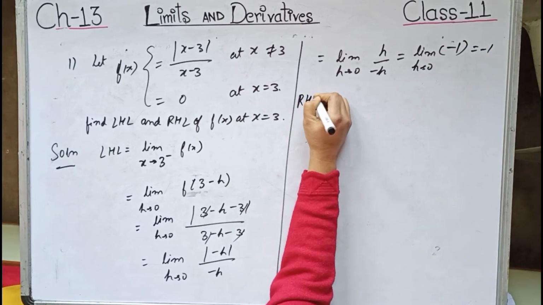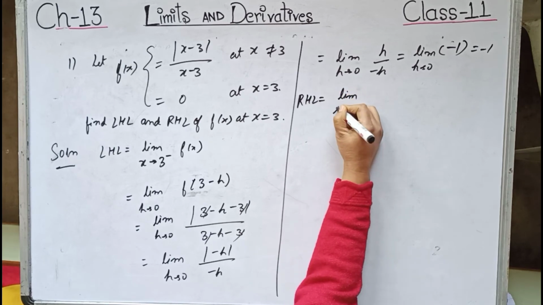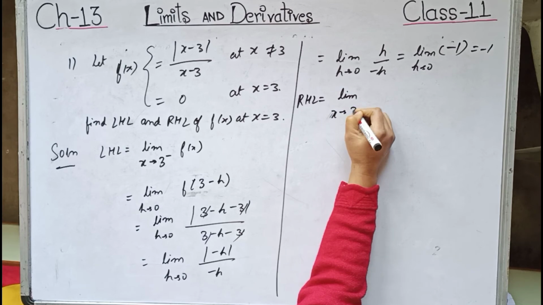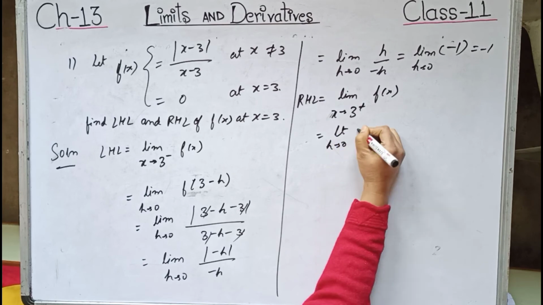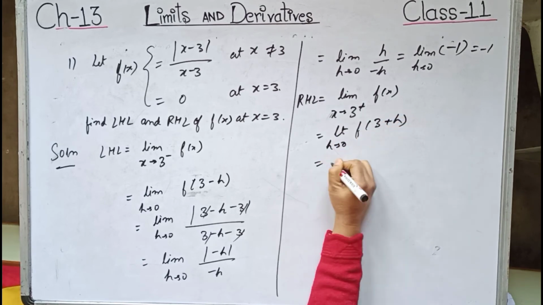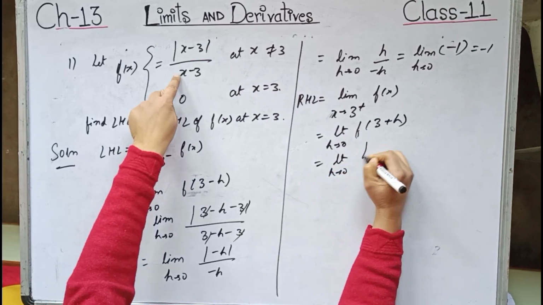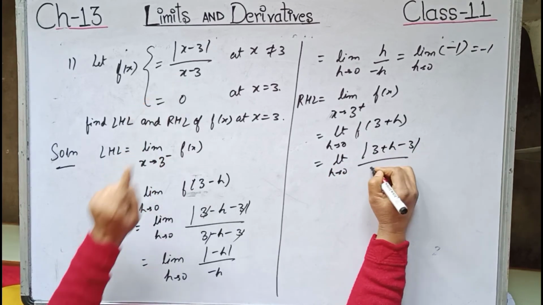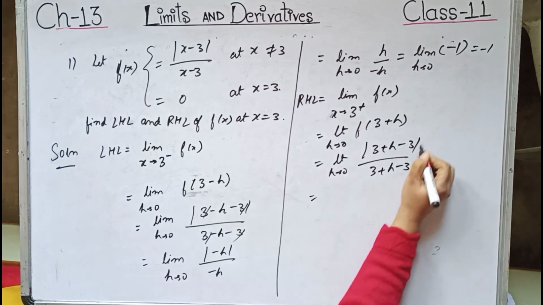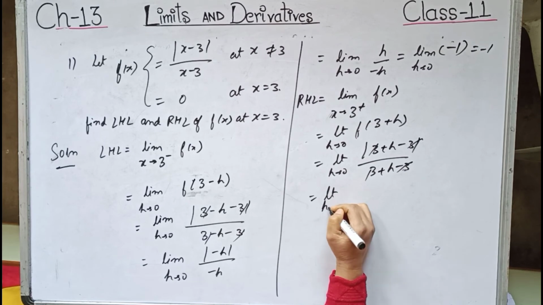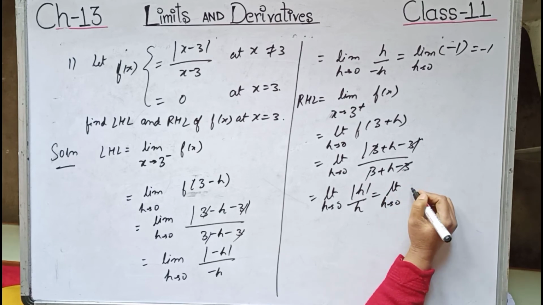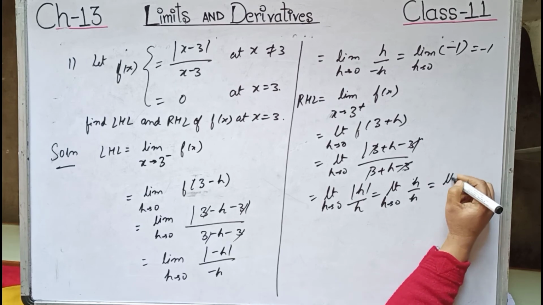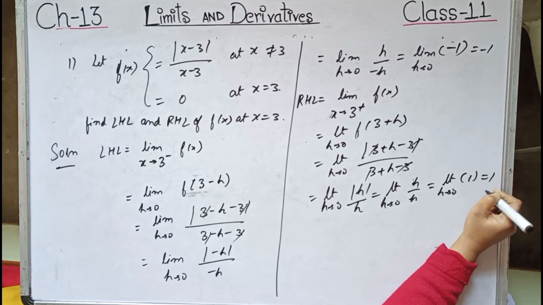Similarly the right hand limit we find: limit x tending to 3 plus f(x) equals limit h tending to 0 f(3 plus h) equals limit h tending to 0 mod of (3 plus h minus 3) by (3 plus h minus 3) equals limit h tending to 0 mod of h by h, equals mod of h will be h by h, equals limit h tending to 0 of 1, equals 1.